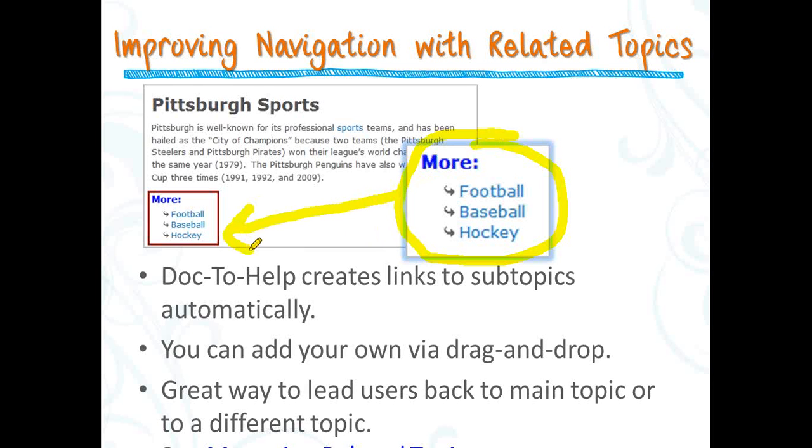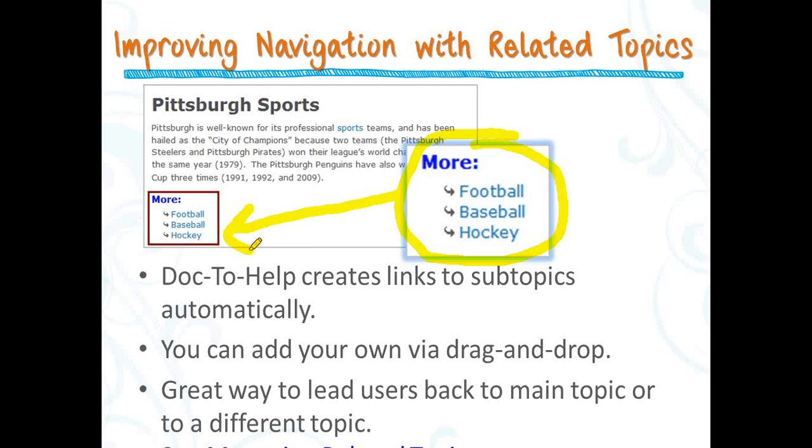They aid your navigation, and what DocToHelp is doing here is these links are to subtopics of the main topic. So Pittsburgh sports is the main topic, and the subtopics are football, baseball, hockey. It created these links for you automatically. You could actually change this heading. It doesn't have to say more. That's what it says by default.